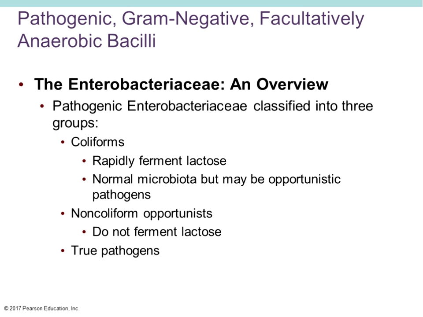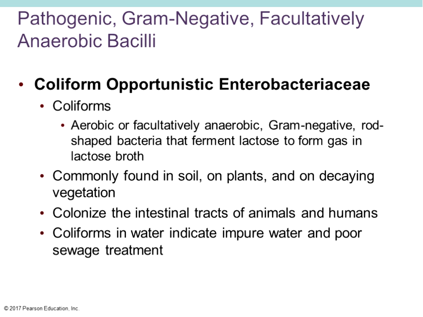It doesn't necessarily give you the nice pink color. And then we have some that are true pathogens, and an example of a true pathogen in this class of bacteria is something like Salmonella.